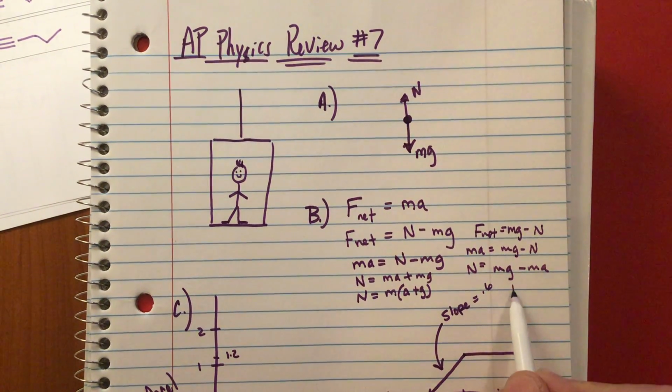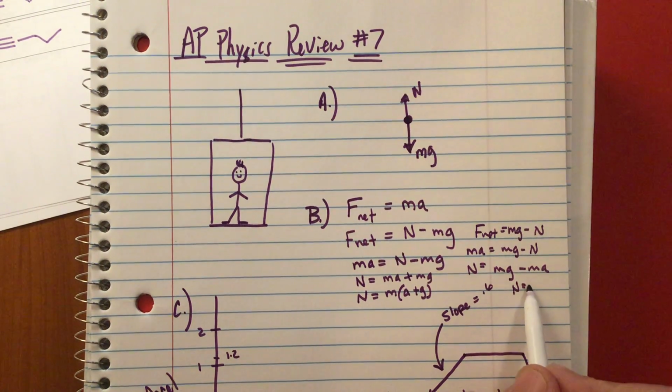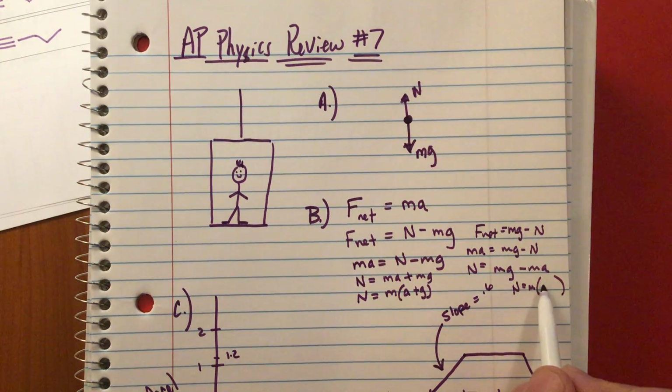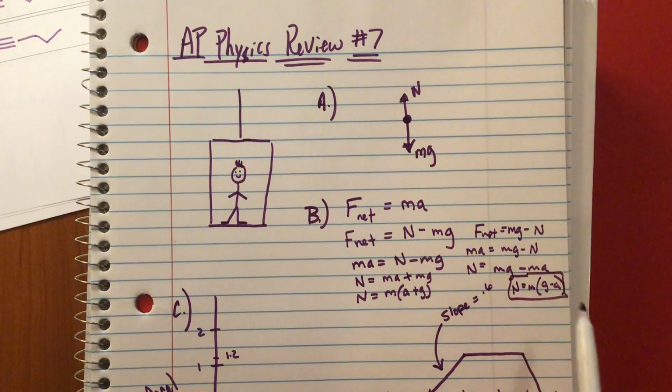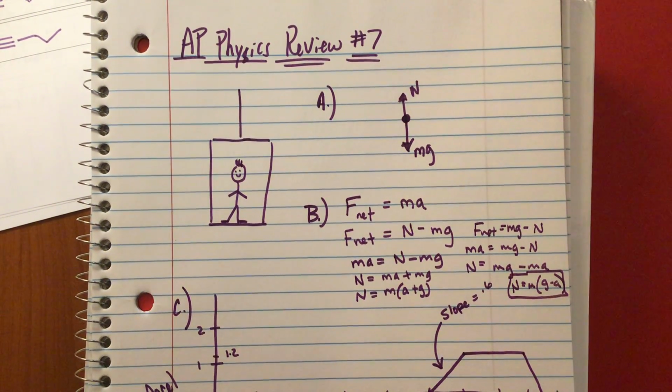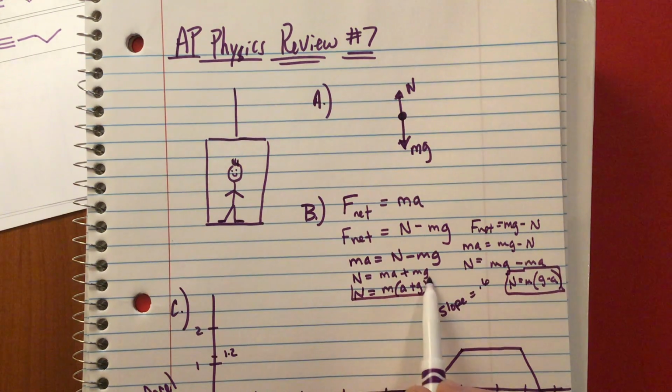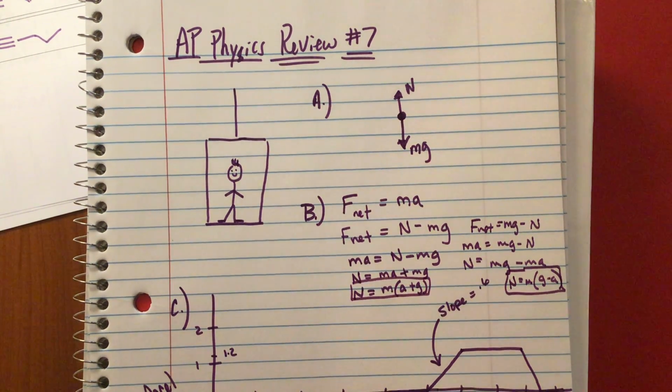So I would have my normal force, or the reading on the scale, being m times (g minus a). So this would be the reading on the scale if it were accelerating down, and this would be the reading on the scale if it were accelerating up. And I don't think it says what it was doing, so I just solved it for both.